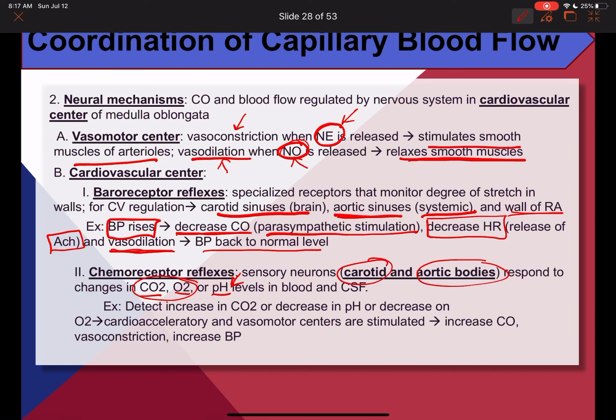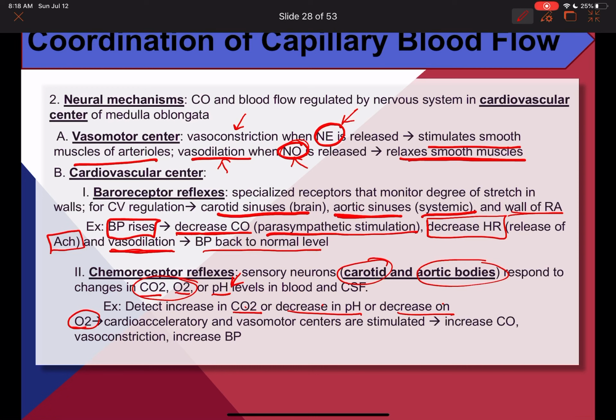So let's say these chemoreceptors detect an increase in the amount of CO2, or a decrease in pH, which means you're getting more acidic, or a decrease in the oxygen level. All three of these things mean that something has to work faster to get rid of the extra CO2 or for more O2 to come back in.